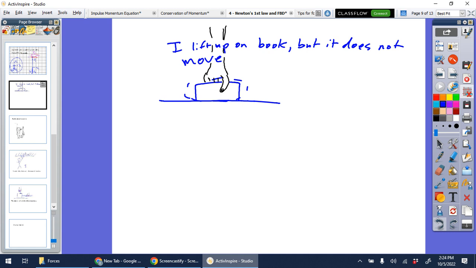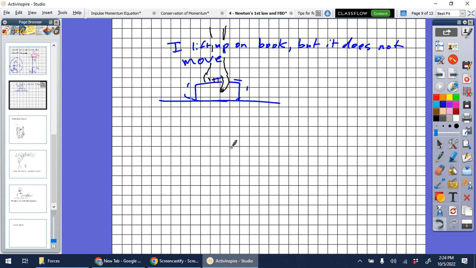So to make this accurate, I'm going to enlist the help of my little handy dandy grid. And like I said, you can use the lines on your sheet of paper to try to make things accurate with some lengths.